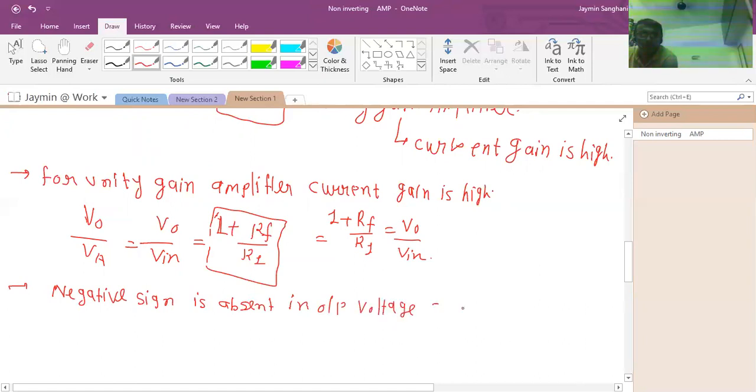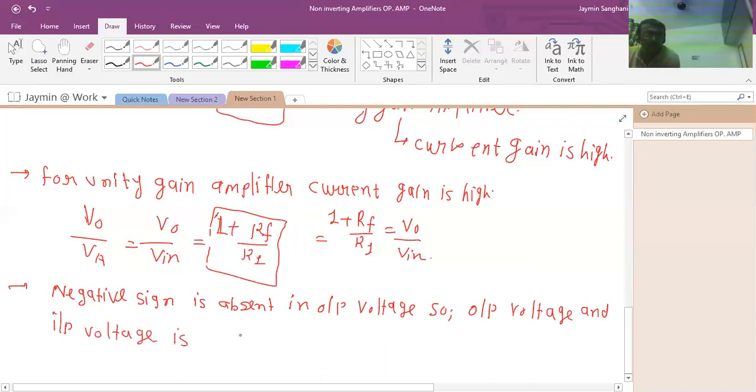So output voltage and input voltage have 0 degree phase shift with respect to each other.